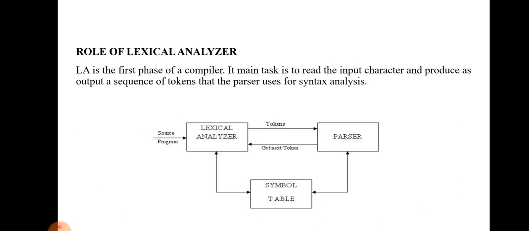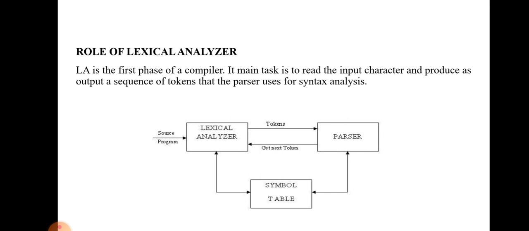So this is the role of the lexical analyzer. The lexical analyzer gets the source program as input and produces the tokens as output, which are given to the next phase, the syntax analyzer, also called the parser. The parser takes the tokens from the lexical analyzer and produces the syntax tree.